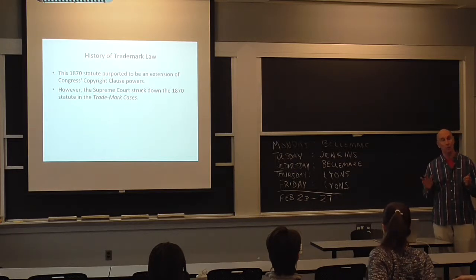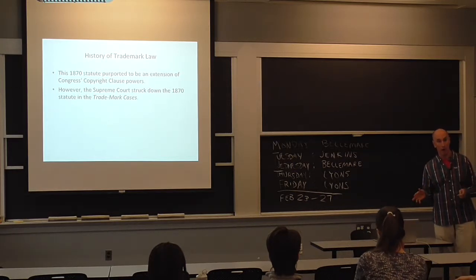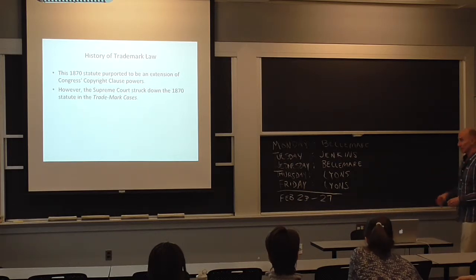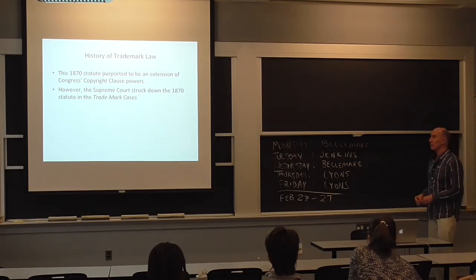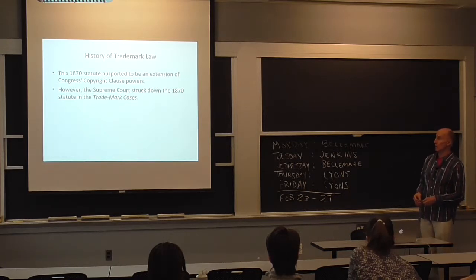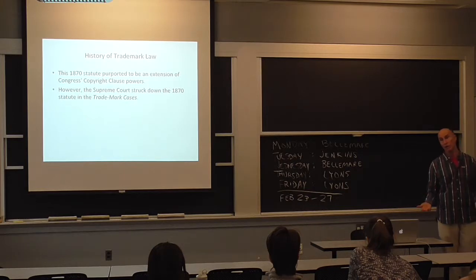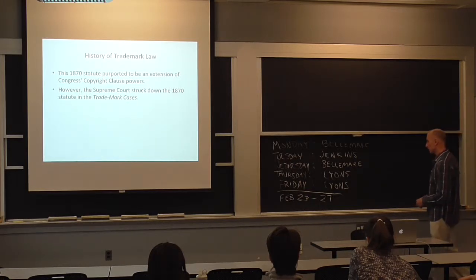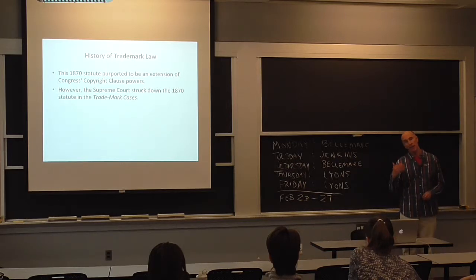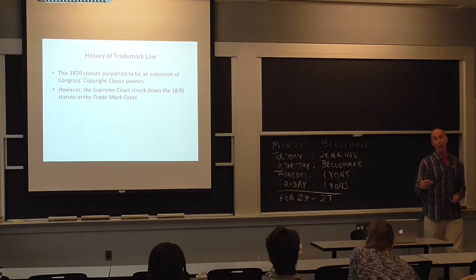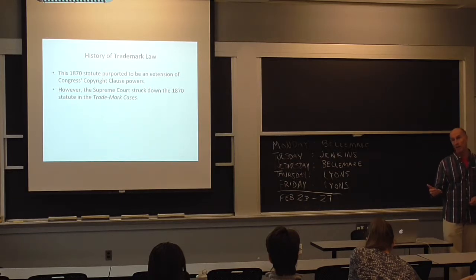We talked about how it was called the Patent and Copyright Clause. That's because in 1870, the Supreme Court struck down the statute passed by Congress to create trademark intellectual property rights. The United States Supreme Court said that the trademark law went beyond the powers that Congress had.